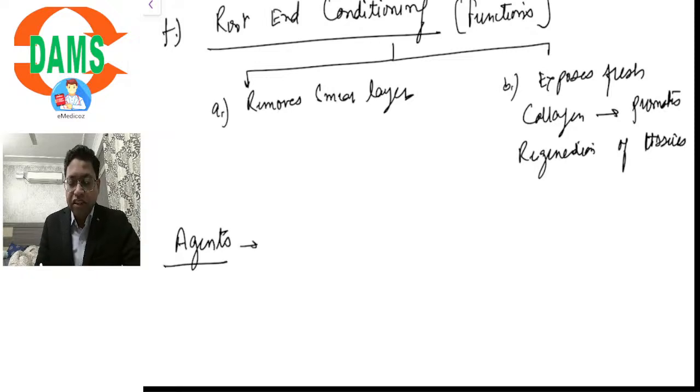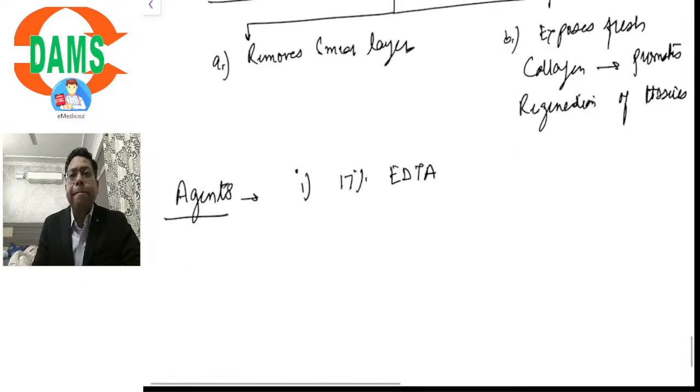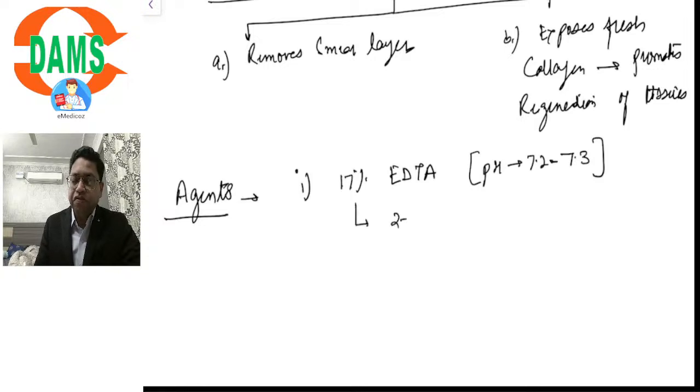What are the agents that can be used for conditioning the root end? Different chemical agents can be used. The first one is definitely 17% EDTA. This EDTA, you must be knowing, has a pH in the range of 7.2 to 7.3. This EDTA is applied for 2 to 5 minutes.